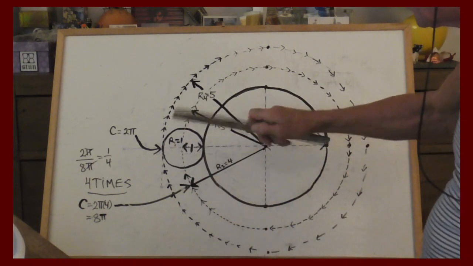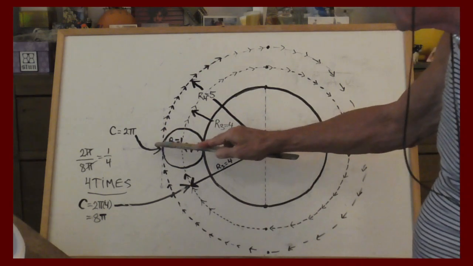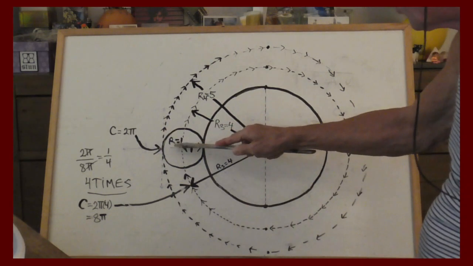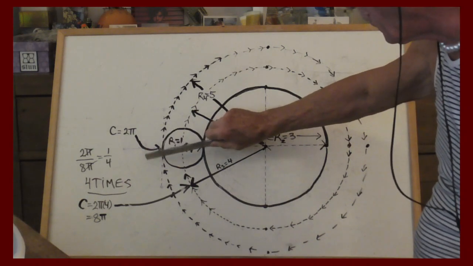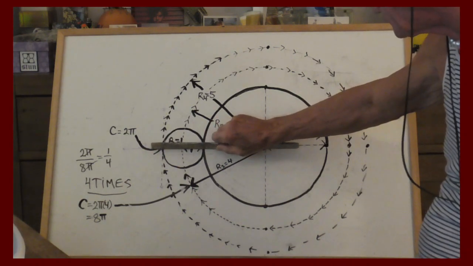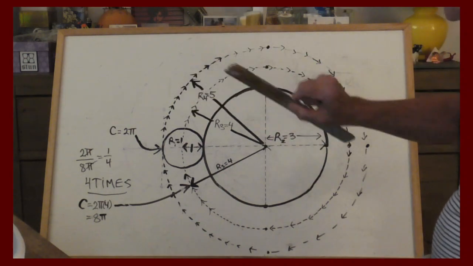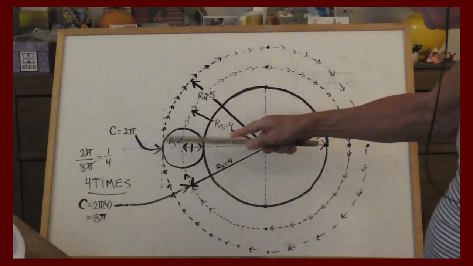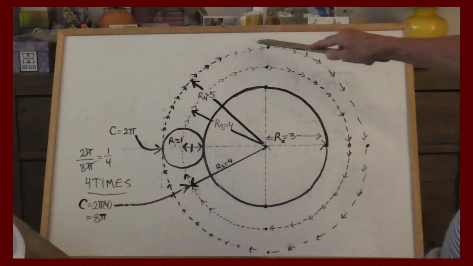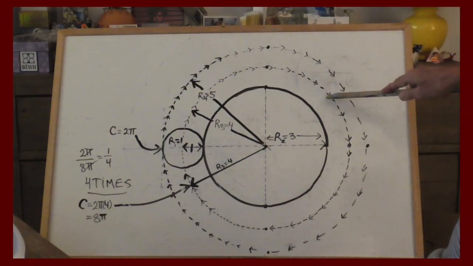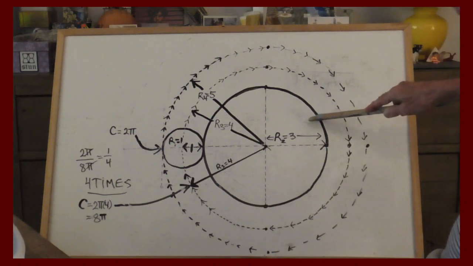It turns out that those points are all lined up in line at the same time. This outer point is traveling much faster than this one, and that one's traveling much faster than that one.